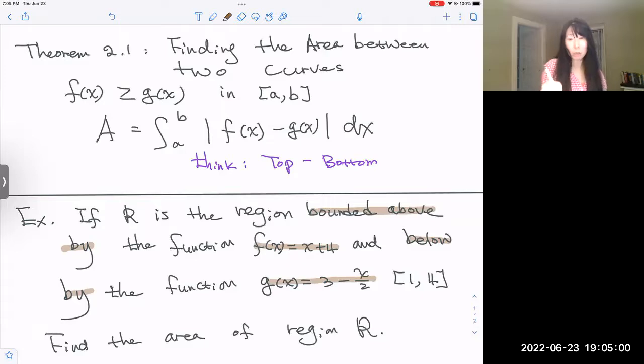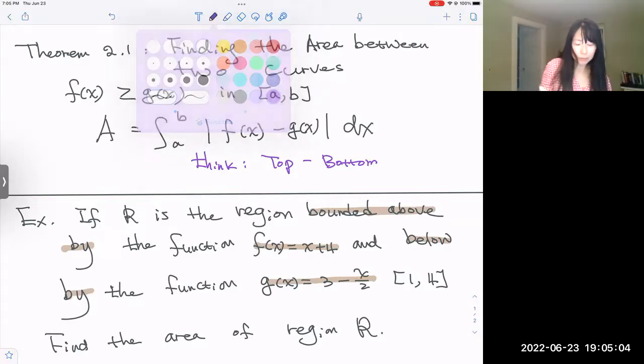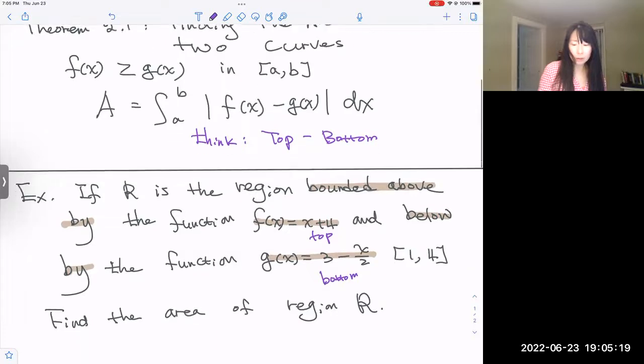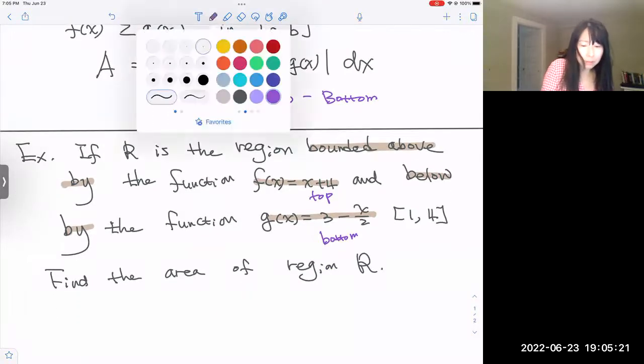So this must be the top. This is the bottom, right? Because they say so, bounded above by and bounded below by. Okay, all right.